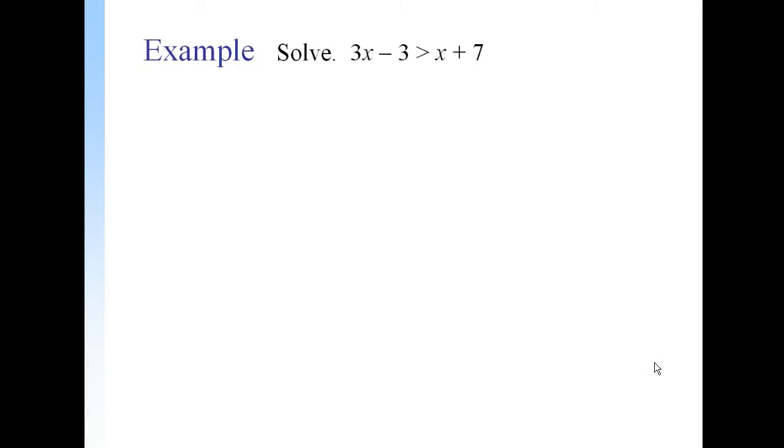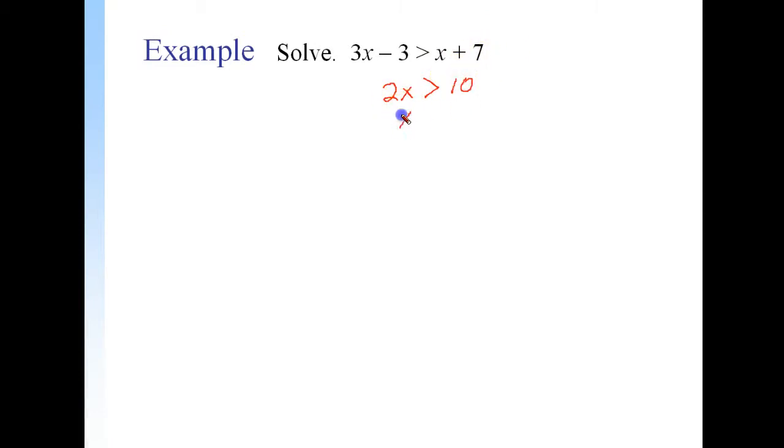Okay, let's solve this one and see what we get. So, we're just going to transpose the x. This will give me a 2x on that side. Transpose the -3. Our inequality sign stays the same. And this gives me a +3, so a 10.